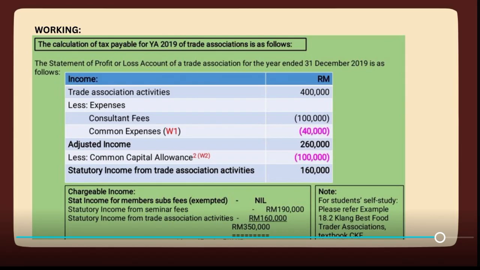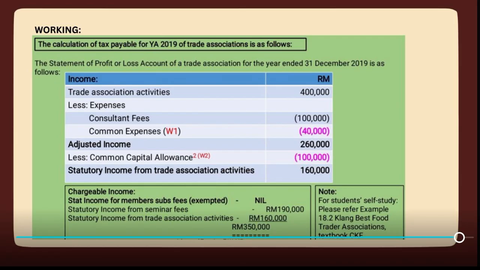For trade association activities, 400,000, you need to less expenses. For example, consultant fees 100,000, common expenses 40,000, and you get adjusted income 260,000. You need to less common capital allowance 100,000, and you get a statutory income from trade association activities of 160,000.